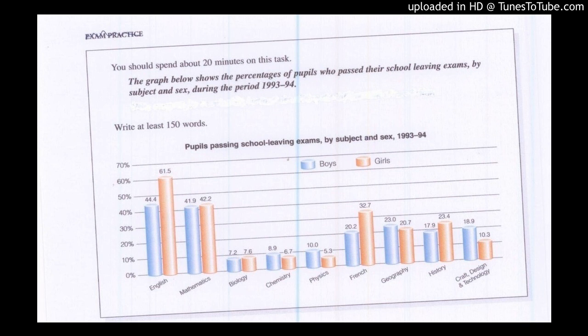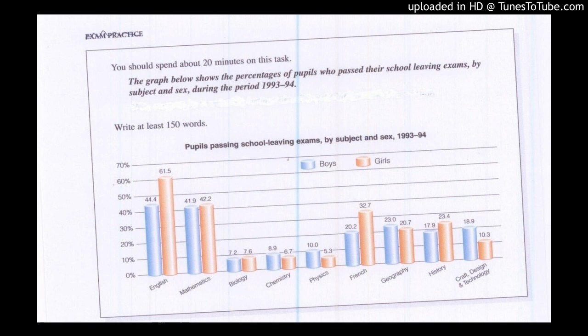So let's put in a sentence before the beginning of paragraph 2, and this should be something like this: The first very significant information we can discern from the diagram is the enormous difference in pass rates for subjects in general, comma. It was as low as just over 5% in physics and as high as over 60% in English, full stop.